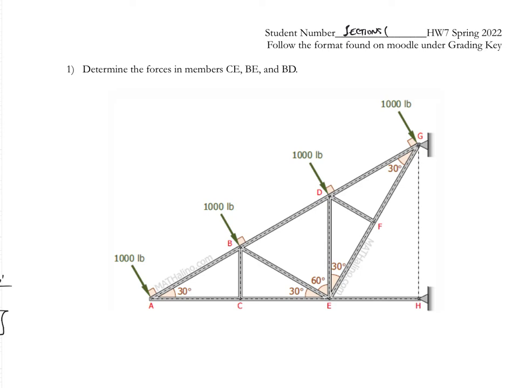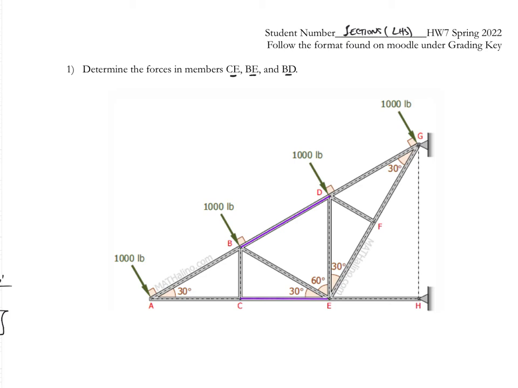And I like doing it this way because if you were to walk into this and you have to solve for CE, BE, and BD. Well, in purple, BD is this one right here. CE is this one right here. Sorry, I'm going out of order here, but you get the point. And BE is this one right here.